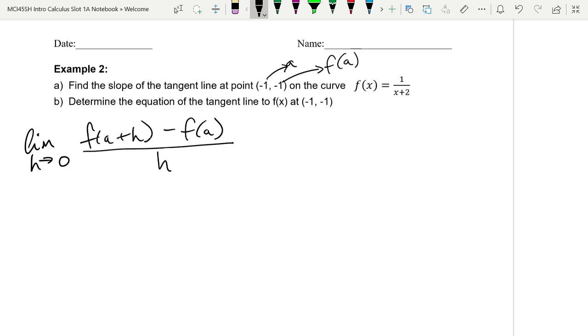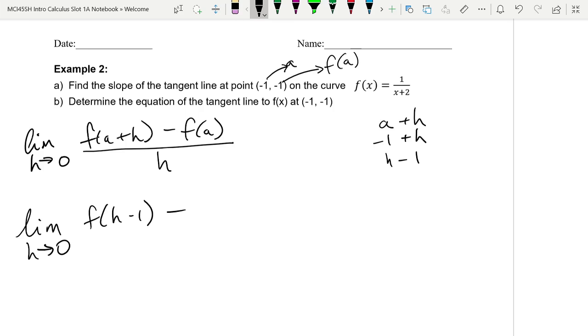So a plus h, really, is going to be -1 plus h. Why don't I just write that as h minus 1? So I want the limit as h approaches 0 of f of h minus 1, I'll write that down, minus f of -1 all over h.